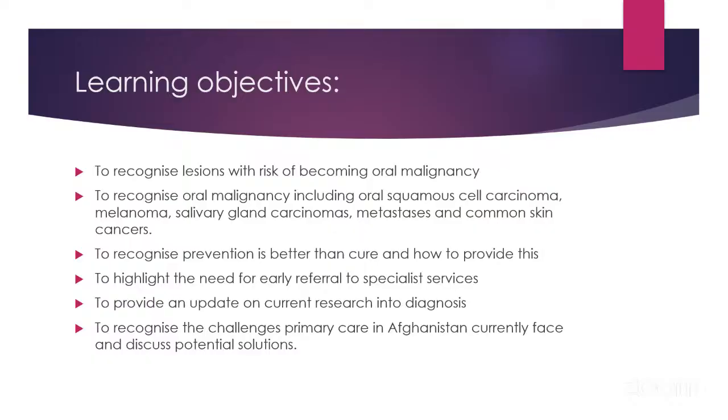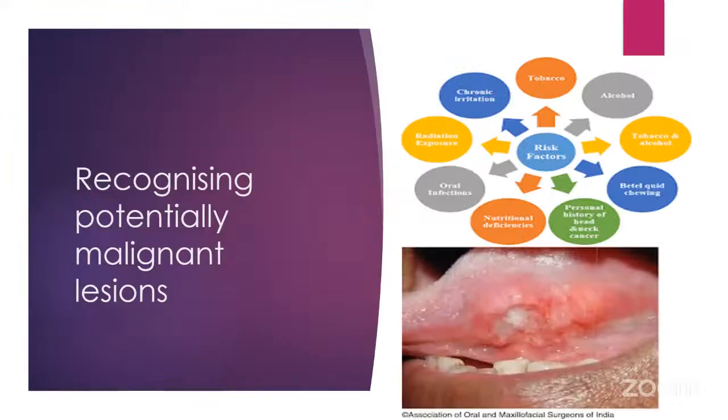We want to provide an update on current research that's going on into diagnosing such conditions, and also just to make a small link into what the challenges might be in Afghanistan into managing these conditions and the challenges that you may face. So the first thing is recognizing those lesions at risk, okay?